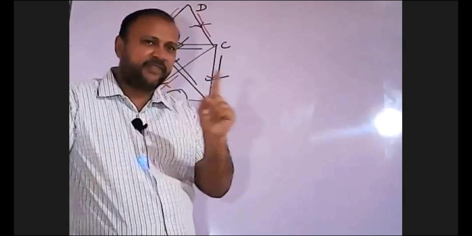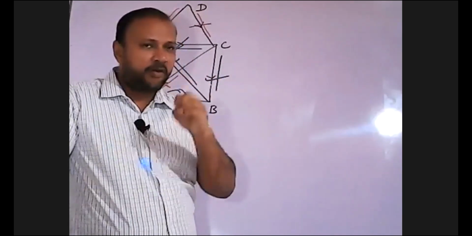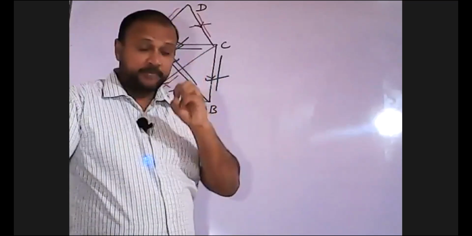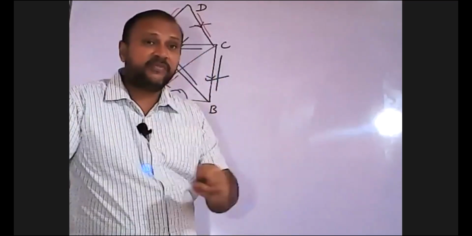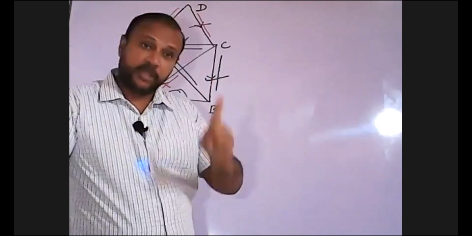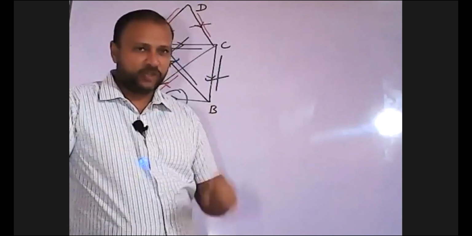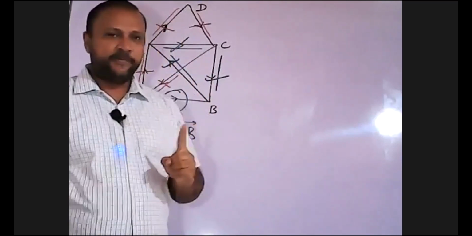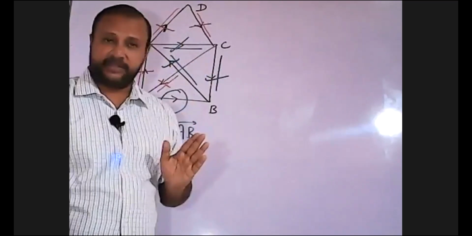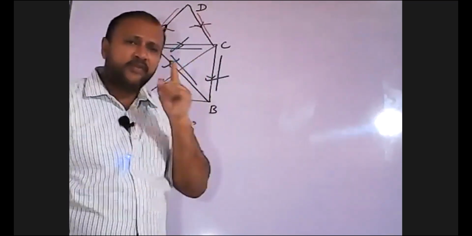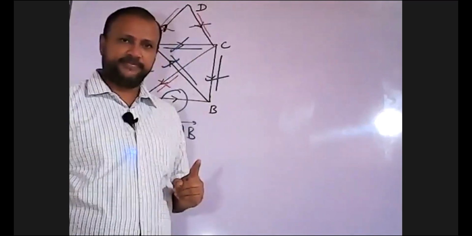It is the single vector that can replace all the vectors of the vector system. Therefore, according to the definition of resultant vector, it should be the single vector. There won't be two resultant vectors. There should be only one resultant vector.